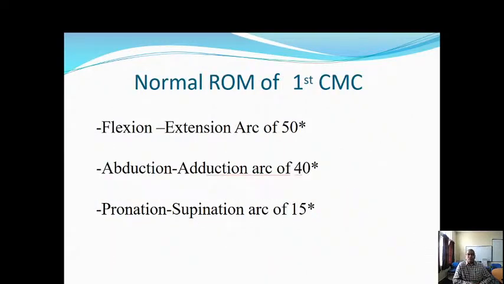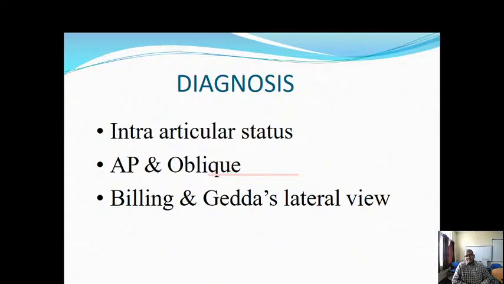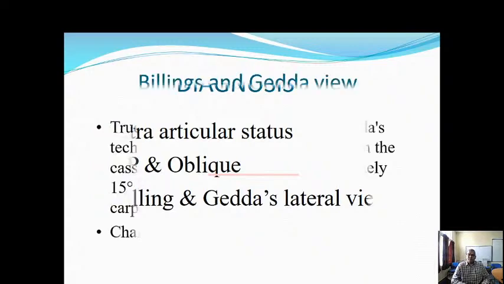The normal range of motion of the first carpometacarpal joint along the flexion extension arc is about 50 degrees, the abduction adduction arc is about 40 degrees, and pronation supination is around 15 degrees. Diagnosis is by X-ray, and we can get AP and oblique views. The lateral view is the Billing-Gedda lateral view.